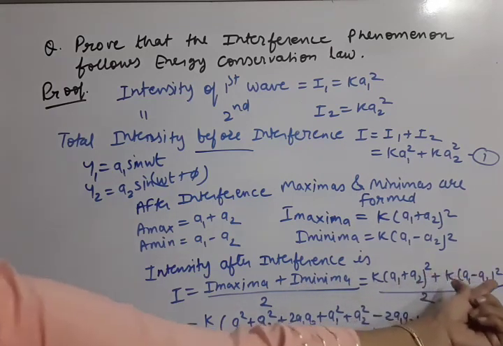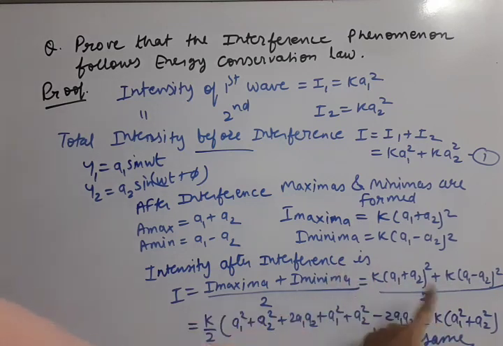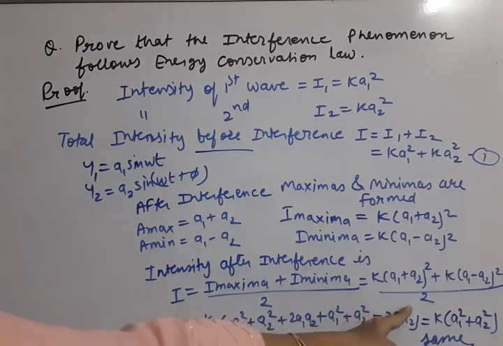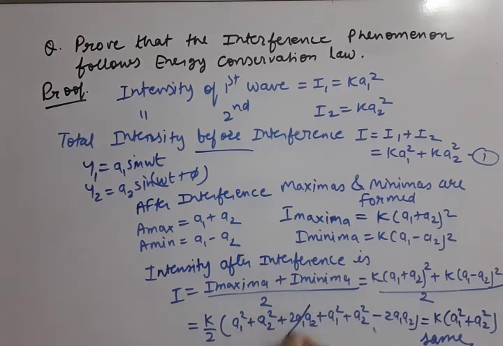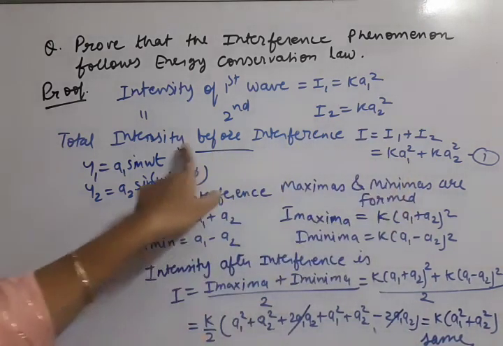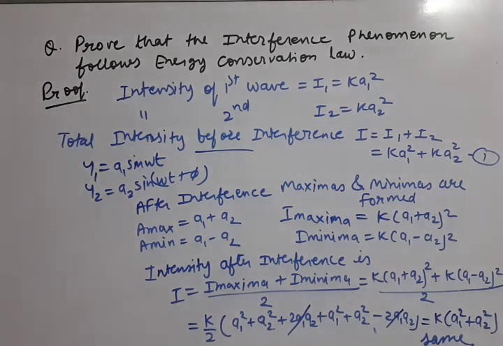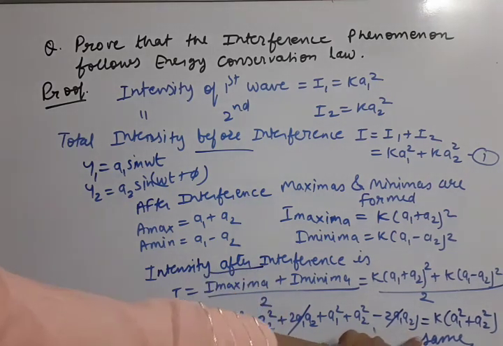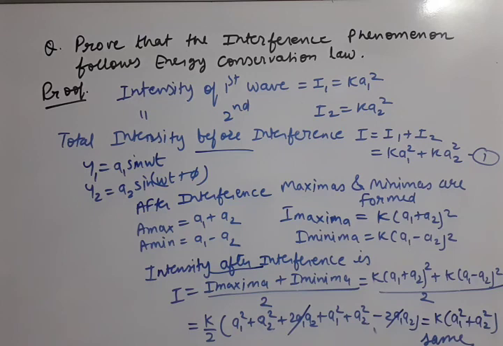Now these are square terms, so if k by 2 is taken common, the whole square of the first and the whole square of the second are opened. The plus and minus terms will get cancelled. A1 square plus A2 square, taken twice, and that twice will get cancelled with this 2. So finally we are left with K (A1 square plus A2 square). So you can see intensity before interference and intensity after interference is the same. This way we will do the proof.